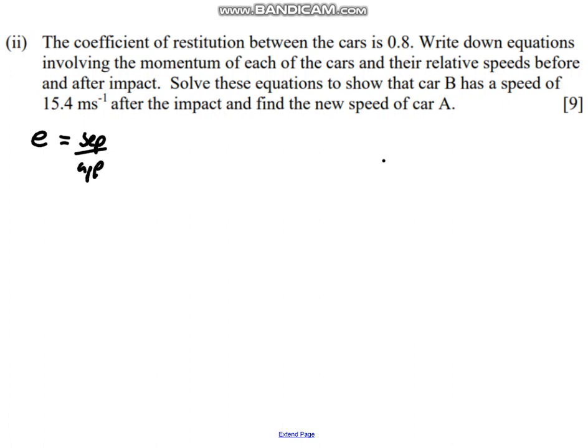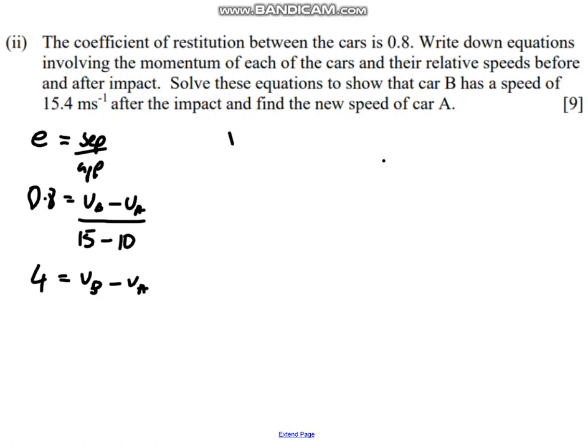So in this case 0.8 is equal to VB minus VA, that's our separation speed. The approach speed is 15 minus 10. We can simplify that, so 5 times 0.8 is 4, so 4 is equal to VB minus VA. I'm going to leave that hanging because I want to do something more with it in a minute. So that is all from our E, our Newton's law of restitution.